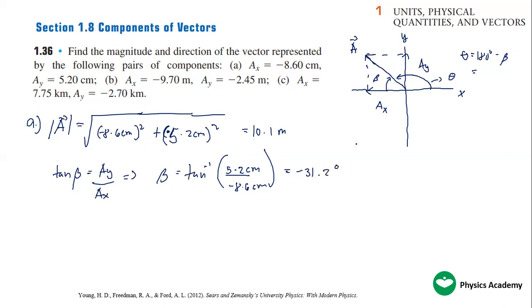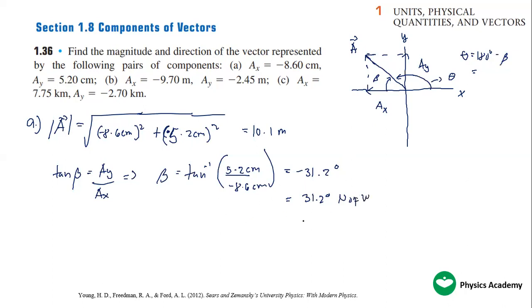Measured from the negative x-axis, this is 31.2 degrees north of west.